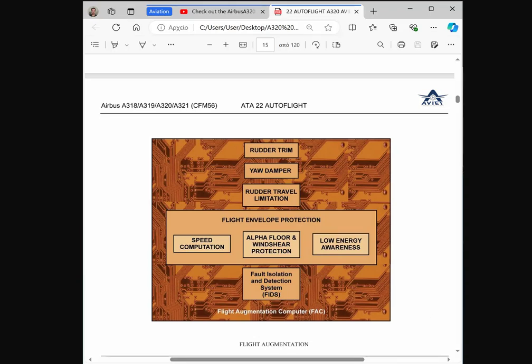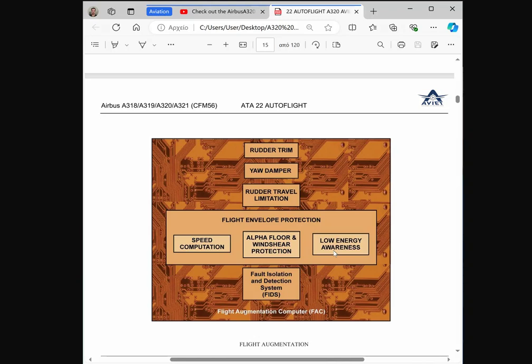The low energy warning indicates to the crew that the aircraft is quickly decelerating, so it will tell the crew that you are going to decelerate quickly, and thrust will have to be increased to recover a positive flight path angle through pitch control. In this case, you can increase or decrease the pitch in case you are near the stall. Low energy warning, low energy awareness. You get it? Yeah. Thank you.